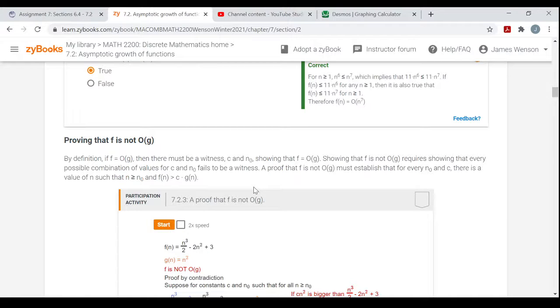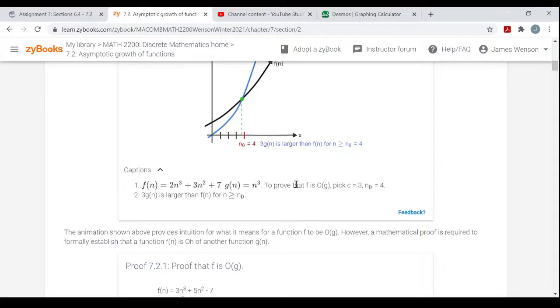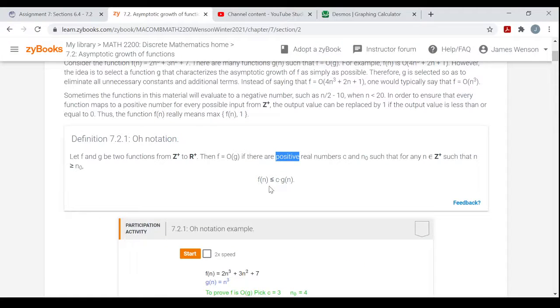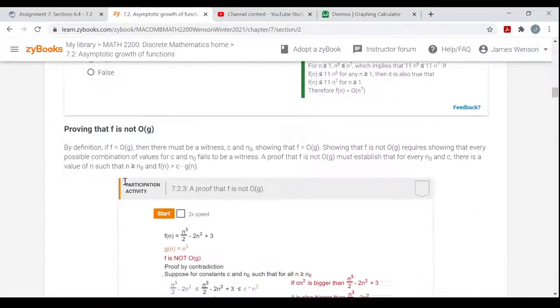So if you're trying to show that a function is not O of g, you have to show that for every positive value c and every positive value n0, f is greater. What's the opposite of the statement up here? It would be f is greater than c times g of n for values of n greater than or equal to n0. All right, so I'll write that out.